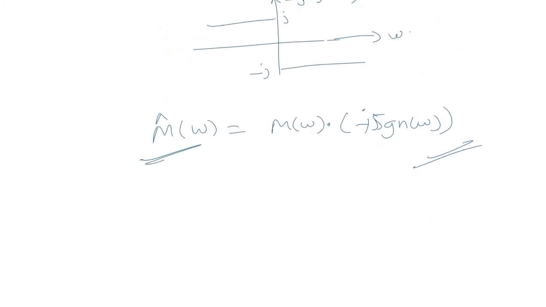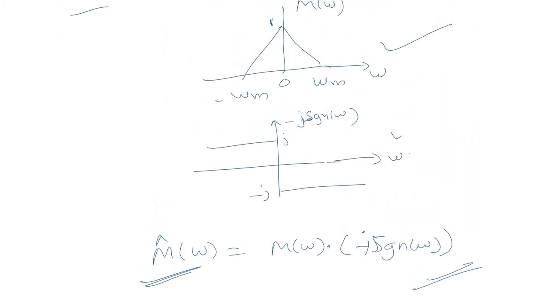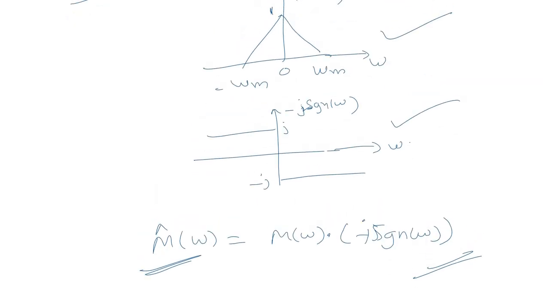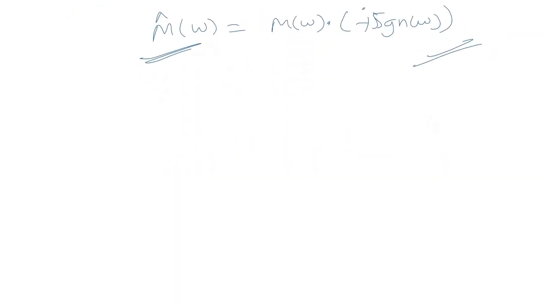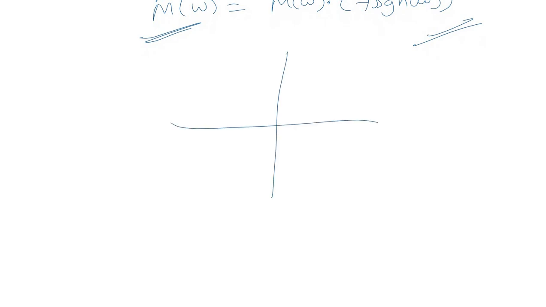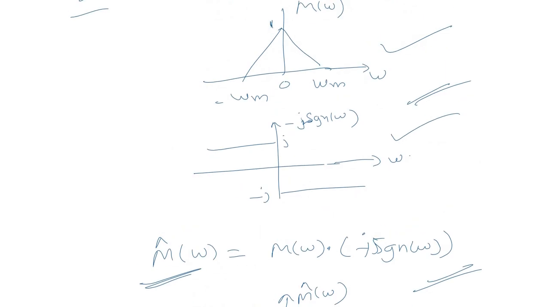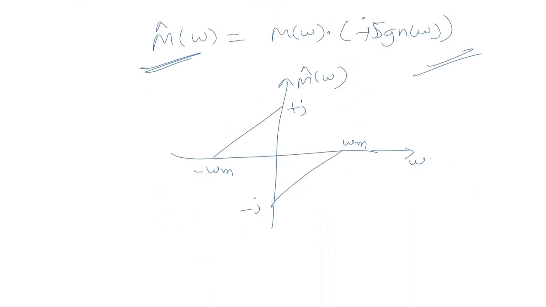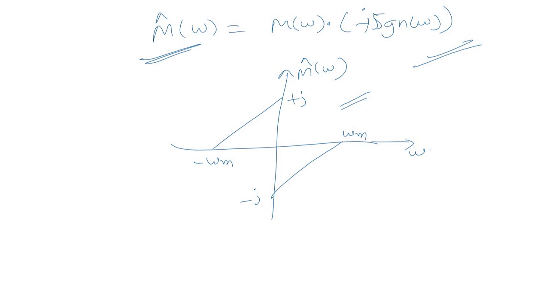So M hat(omega) is the multiplication of these two, and if you multiply these two terms we get M hat(omega), which is something like this. That is the Hilbert transform of the message signal in the frequency domain, isn't it?